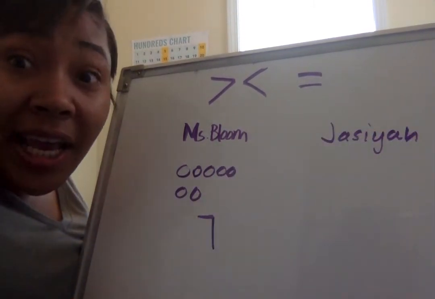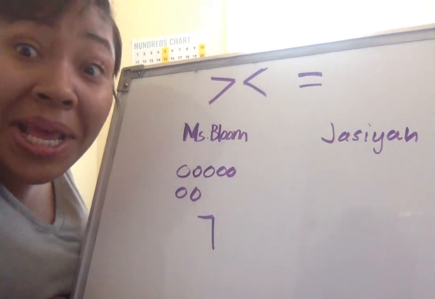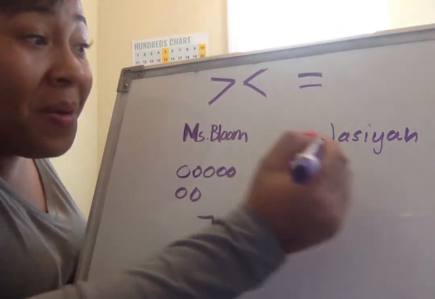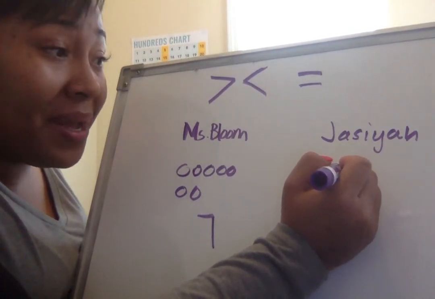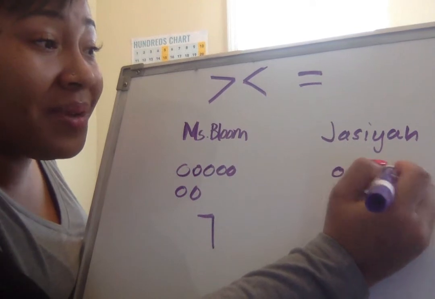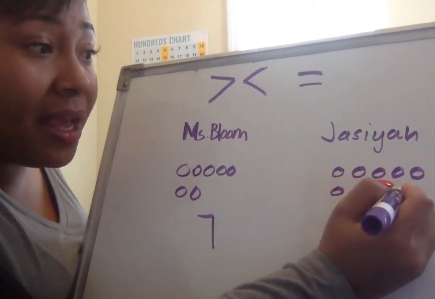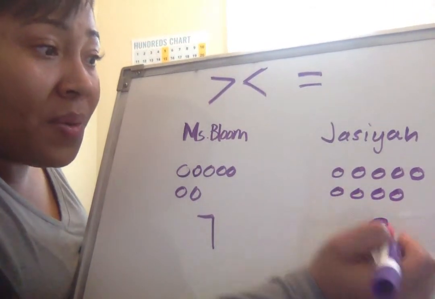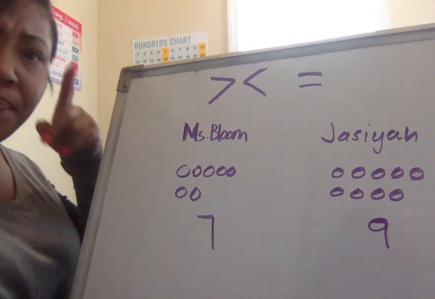And Josiah had 9 Skittles. How many Skittles? 9 Skittles. Well, let's count our Skittles up to 9. Get ready. 1, 2, 3, 4, 5, 6, 7, 8, 9. Whoa. Kipsters, we need to think.